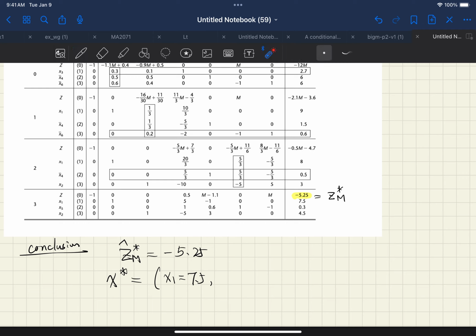If we look at the second row, this is the pivot position, so x3 equals, oh no, this is not a pivot position because there are a lot of non-zeros, so this is the pivot position. x5 is 0.3. And from the third row, this is the pivot position, and it is 4.5. Otherwise, the other variables are zeros.